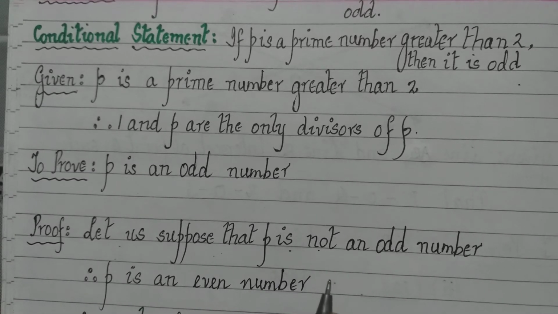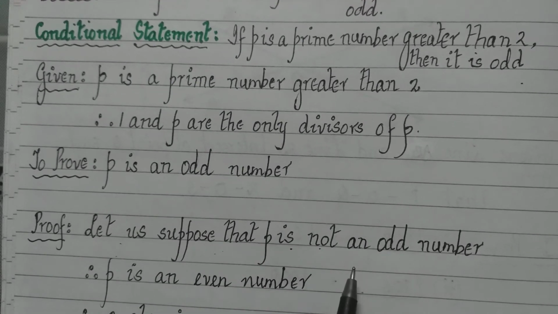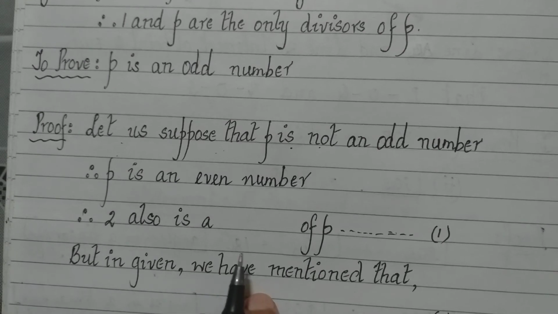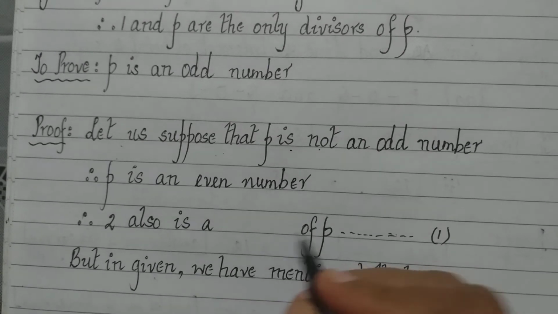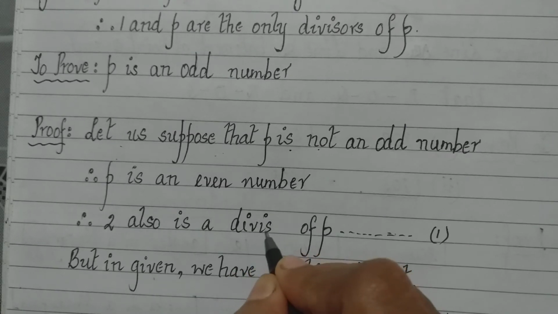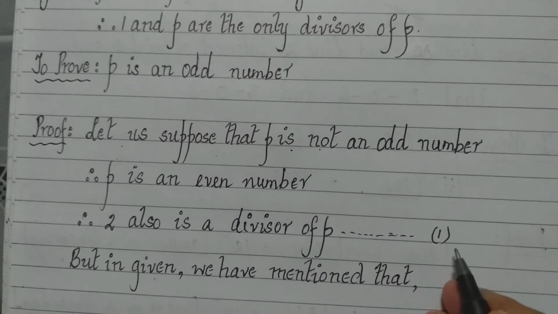And what are the divisors of these numbers? 2 is a divisor of every even number, right? So therefore 2 also is a divisor of P. We number this as 1.